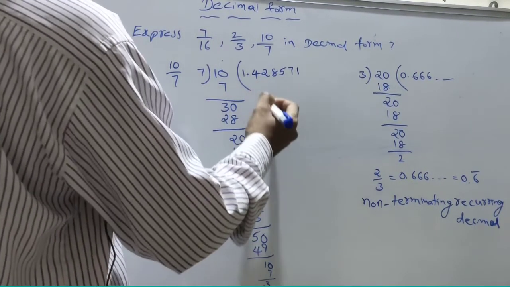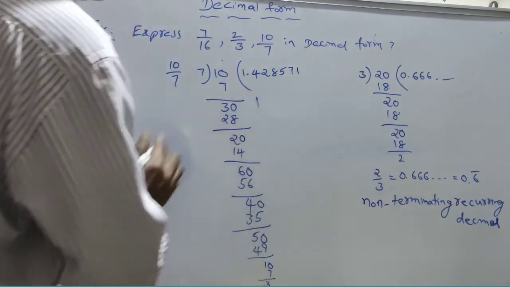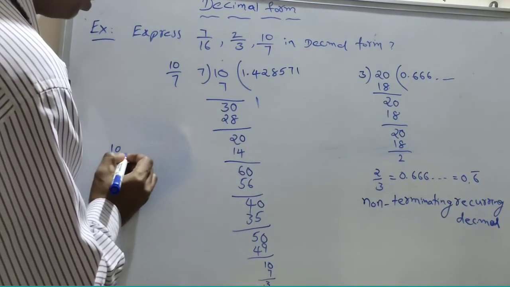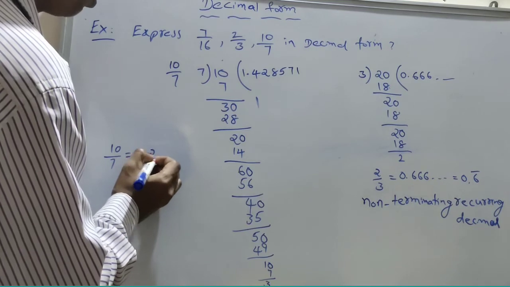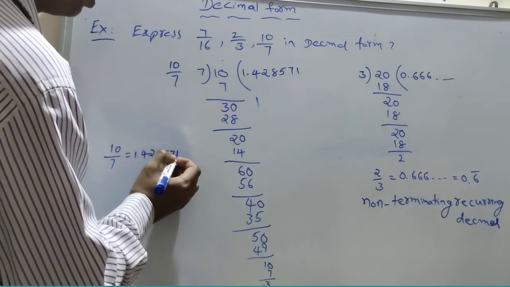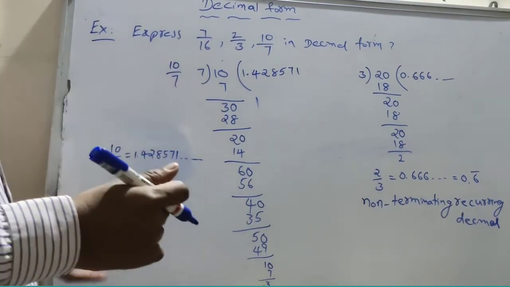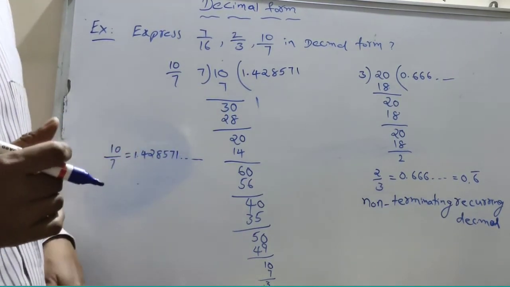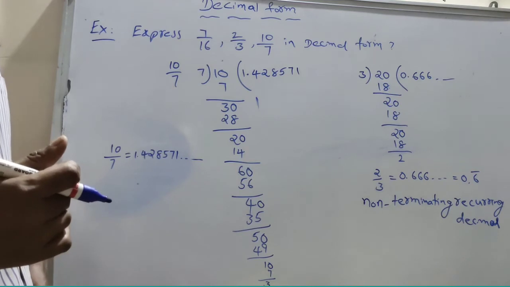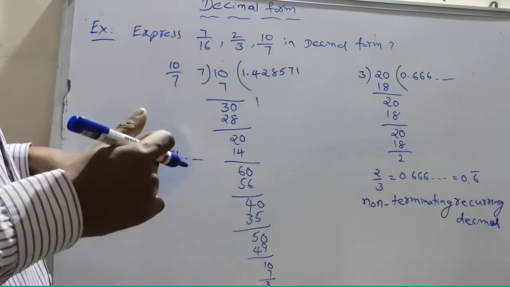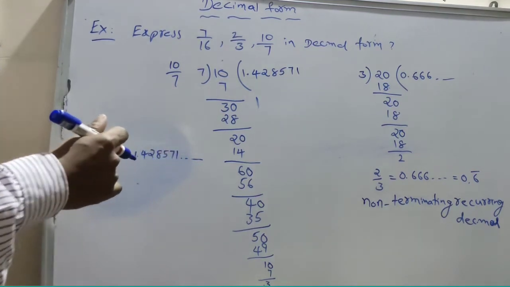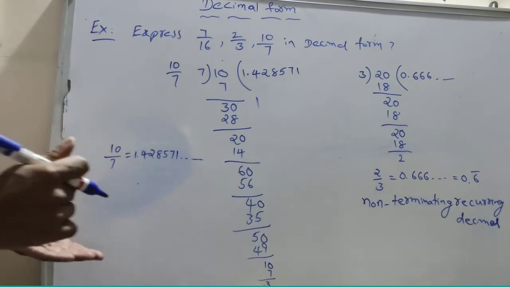So here 10 by 7 is nothing but 1.428571, and it is also not terminated, non-terminating. So this decimal is particularly non-terminating, non-recurring decimal.